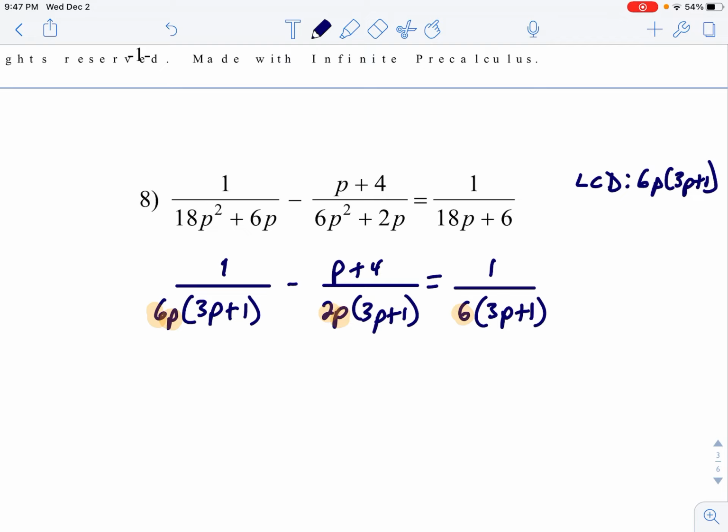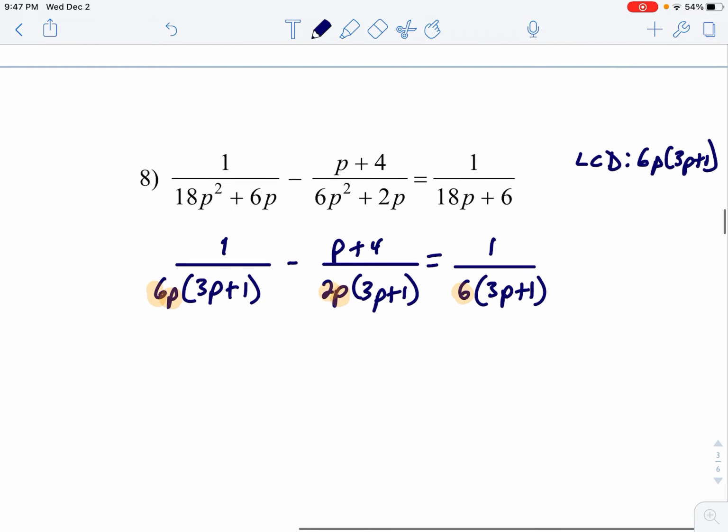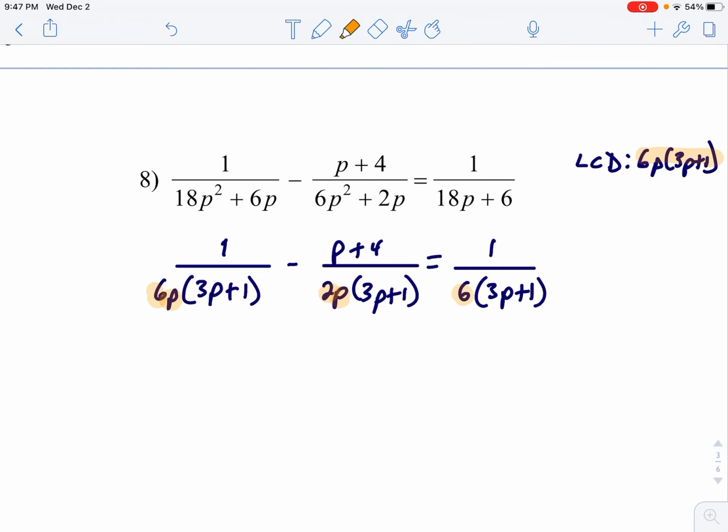So our common denominator we need to multiply everything by is 6p(3p plus 1). So I'm going to go times 6p(3p plus 1), times 6p(3p plus 1), times 6p(3p plus 1). So multiply every term by that common denominator.